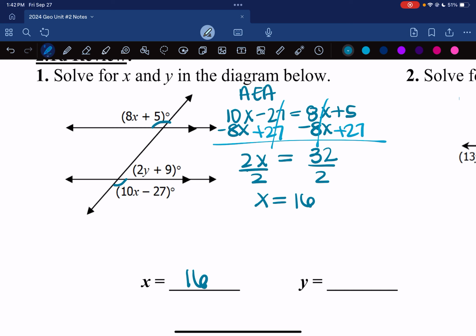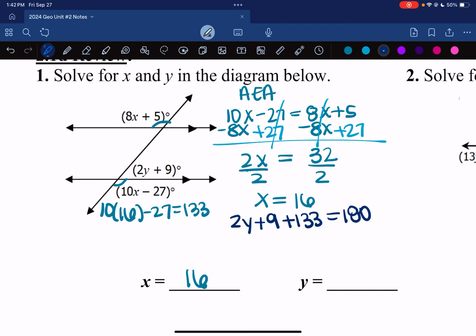Now for solving for y, we're going to have to plug back in. So we're going to do 10 times 16 minus 27. So we get 133. So for writing our equation for y, we could do 2y plus 9 plus 133 equal to 180.